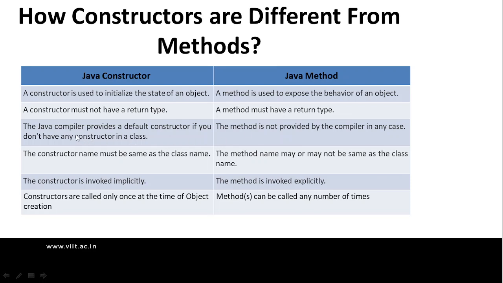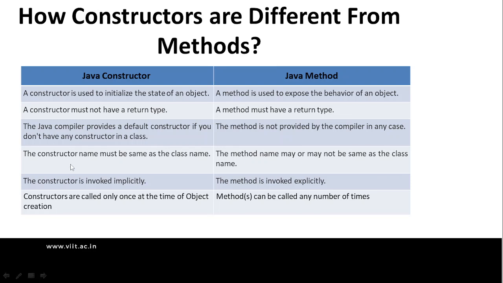The Java compiler provides a default constructor if you don't have any constructor in the class. A method is not provided by the compiler in any case. There is no concept of a default method, and it will not be provided by the compiler in any situation.